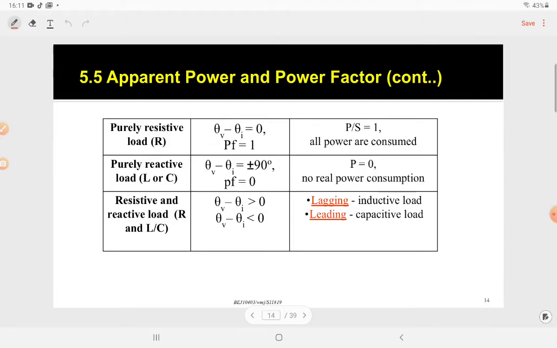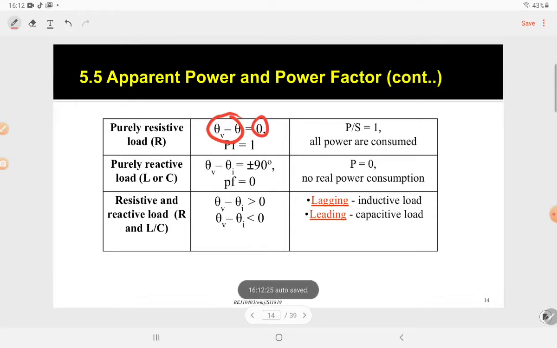Let's say we are considering a circuit with a purely resistive load. When we say purely resistive load, that means the load consists only of a resistor. We know that in a resistor the voltage and the current are in phase. Therefore theta V minus theta I will always equal 0, right?